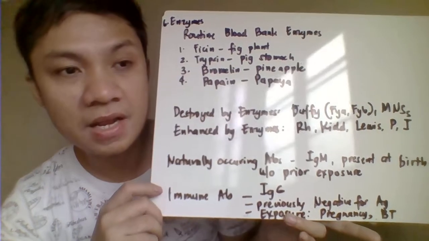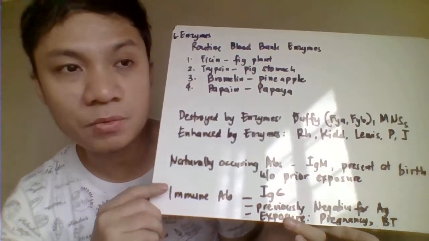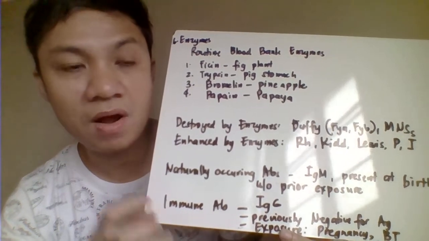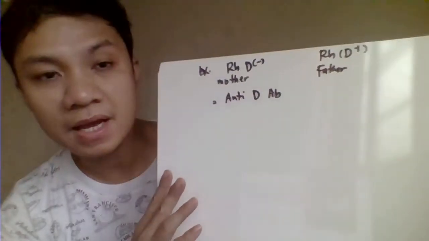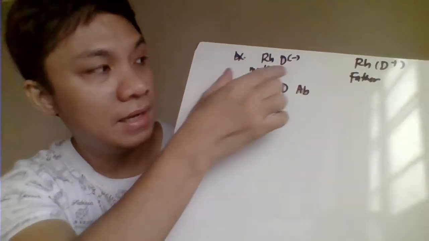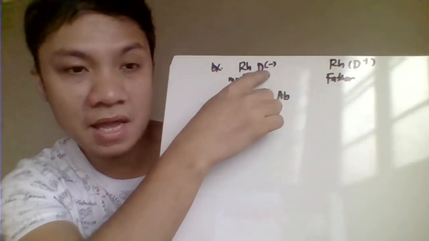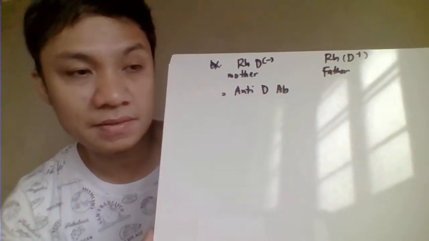For you to develop an immune antibody, our rule is that you will only develop an antibody if previously you are negative for that blood group antigen. Example for that, we have the Rh hemolytic disease of the newborn. During the first pregnancy, for example, the mother is RhD negative, and the father is RhD positive.